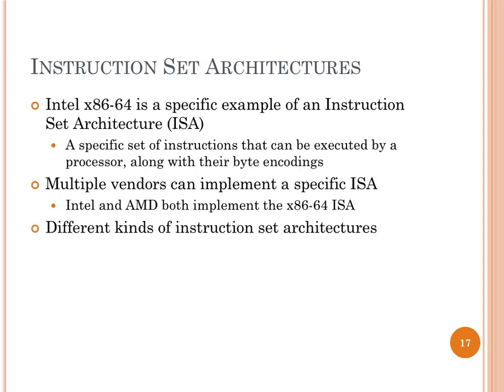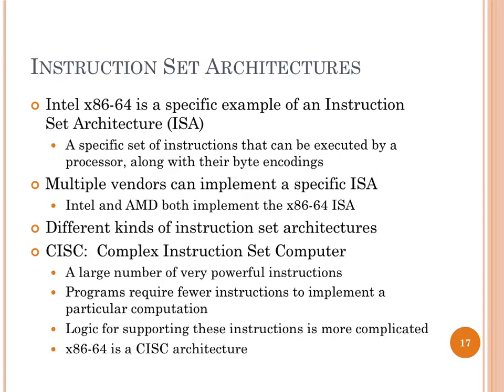Okay? There are also different kinds of instruction set architectures depending on how you go about designing them. It's kind of interesting. You have one end of the spectrum, which is CISC, Complex Instruction Set Computer. What we have is instructions that are incredibly powerful. You could expect that there would be an instruction that is, make me breakfast and take the dog for a walk. It's that level of sophistication. CISC instructions are very powerful and can do a lot of things in one instruction.